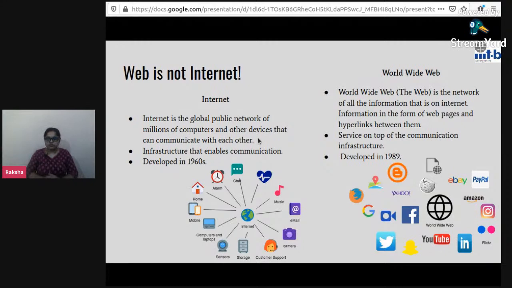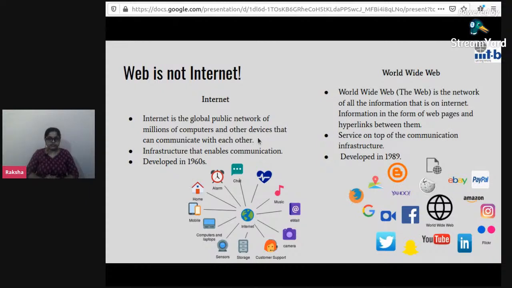I hope all of you know the difference between internet and the web. Internet is the global public network of millions and millions of computers and other devices. Whereas the web is the network of all the information that is on this network. The web needs internet for its existence, and internet has been there from the 1960s, but web is very recent.